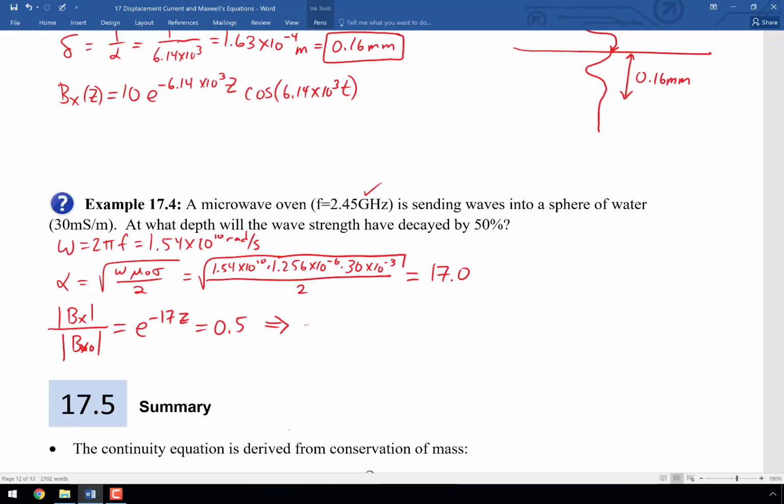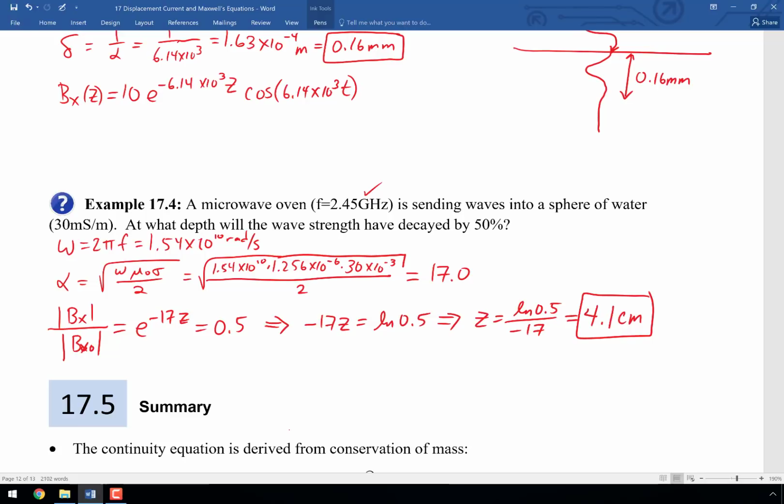This gives me negative 17z is equal to the natural log of 0.5, and that gives me that z is equal to the natural log of 0.5 divided by negative 17, which is 4.1 centimeters.